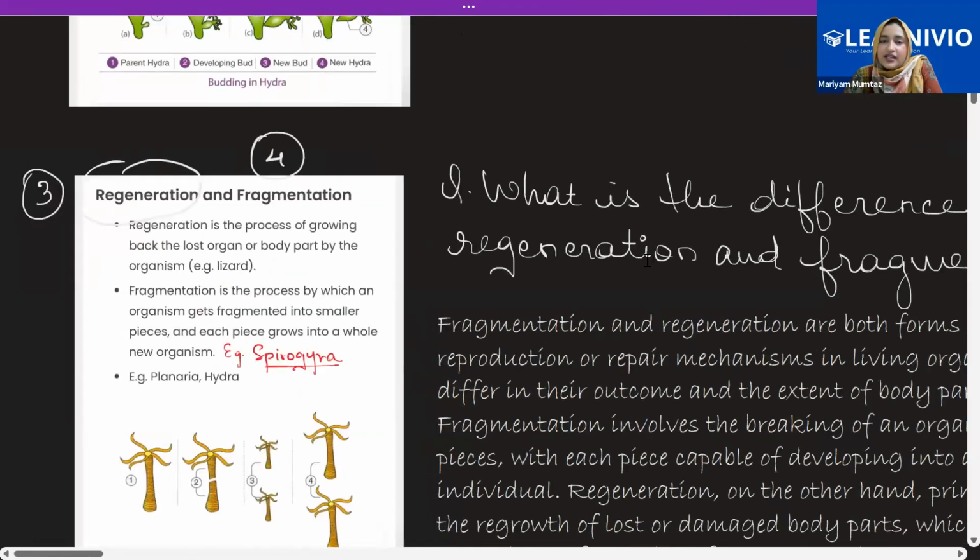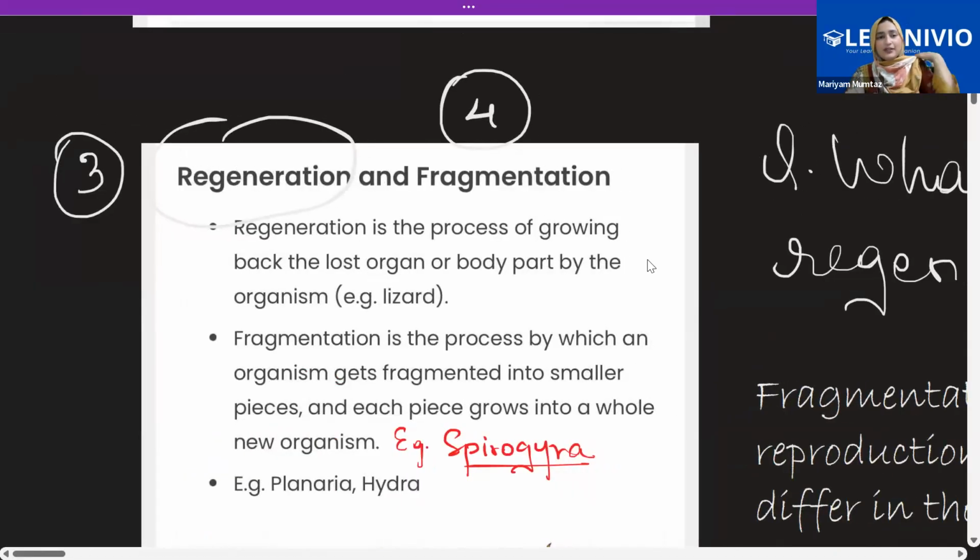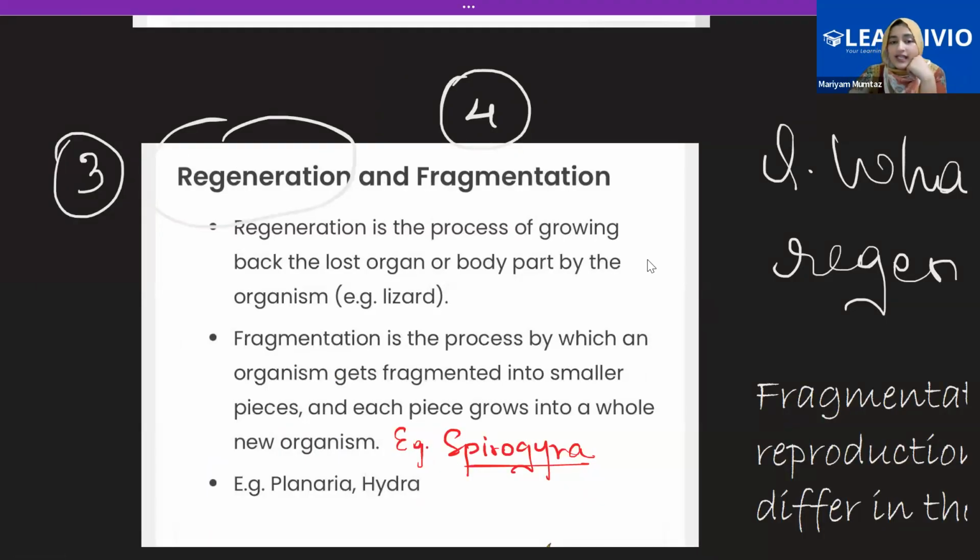Then comes regeneration and fragmentation. Now, regeneration means to regenerate, to grow something back again. It is a process of growing back the lost organ or body part by the organism. Such as you might have seen in lizards, they have their tails cut sometimes because of an accident and then they grow their tail again.